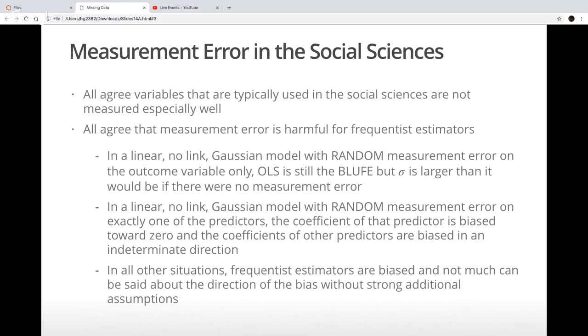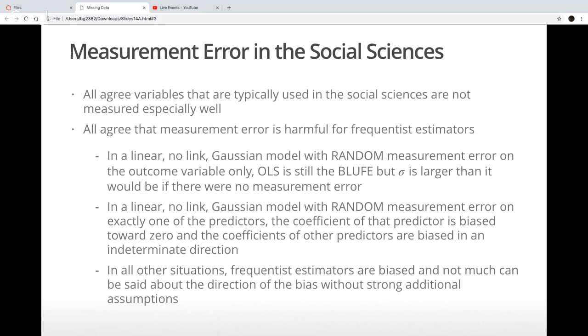In only a slightly different case, still linear, no link, Gaussian model, etc., but now you have random measurement error on exactly one of the predictors, then it is well known that the coefficient on that predictor, if you condition on your observed predictor that has the measurement error in it, is going to be biased towards 0, that is to say attenuated, and the coefficients of all the other variables are also going to be biased but in indeterminate directions. And the magnitude of all this depends on how bad the measurement error is.